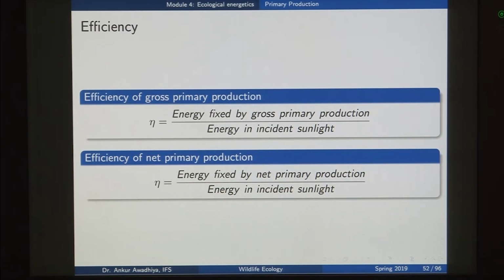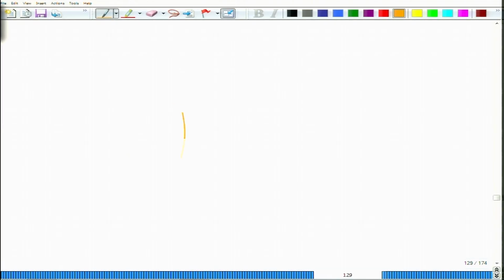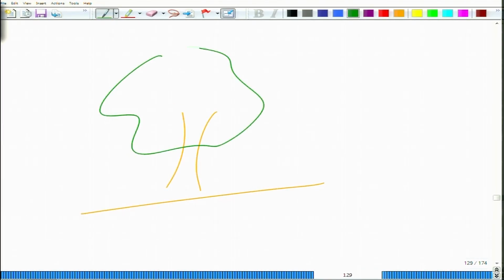Now, we can also define the efficiency of production. So, the efficiency of gross primary production is defined as the energy that is fixed by gross primary production divided by the energy in the incident sunlight. So, what we are asking here is, suppose you have a plant and this plant intercepted say 1000 calories from the sun. Now, when it intercepted this amount of calories, how much was the amount of energy that it was able to fix in the form of biological molecules, because this will not be a 100% efficient process.